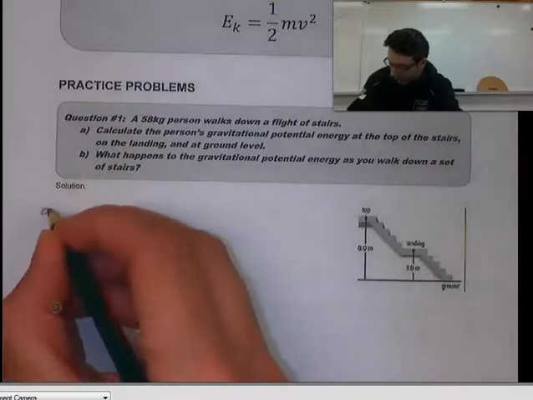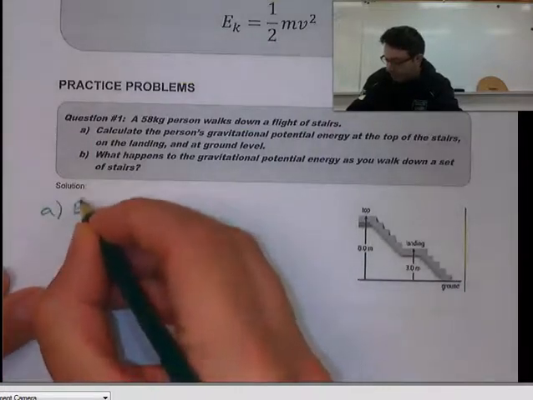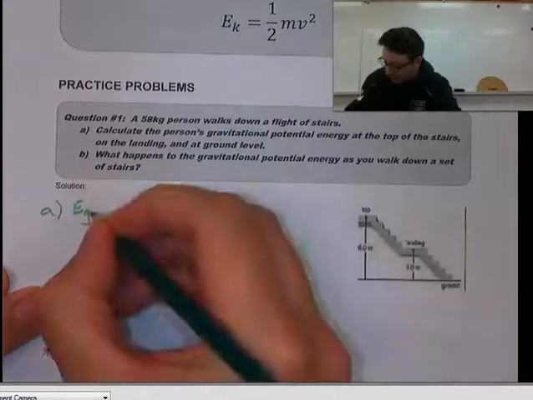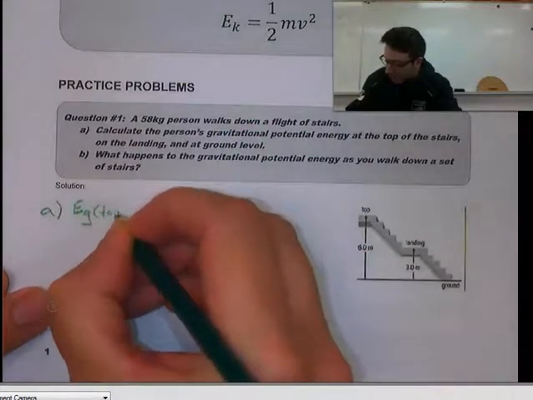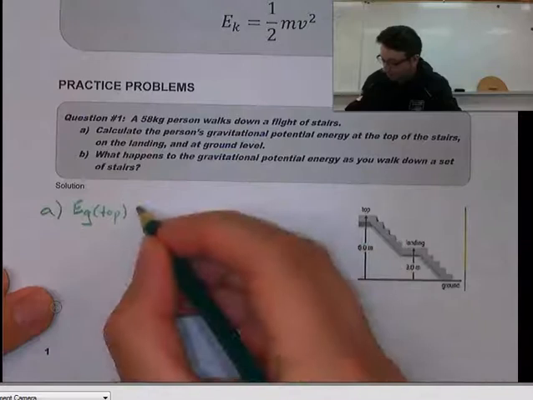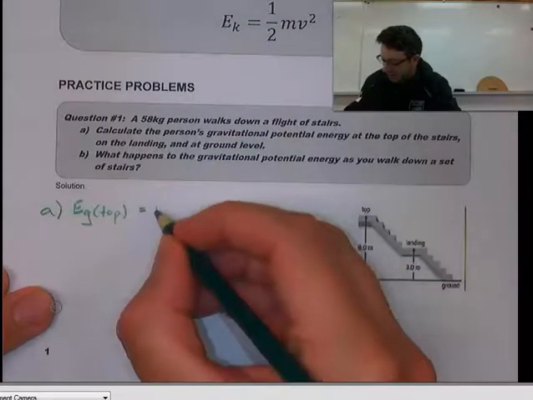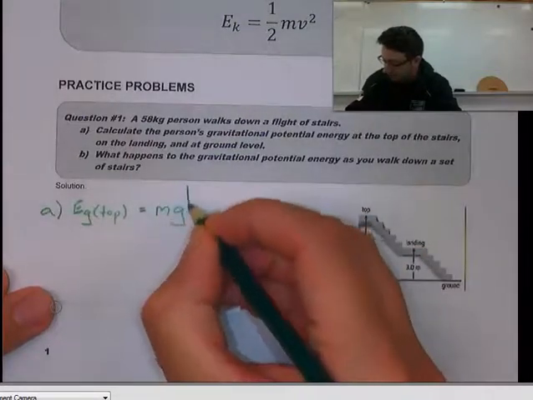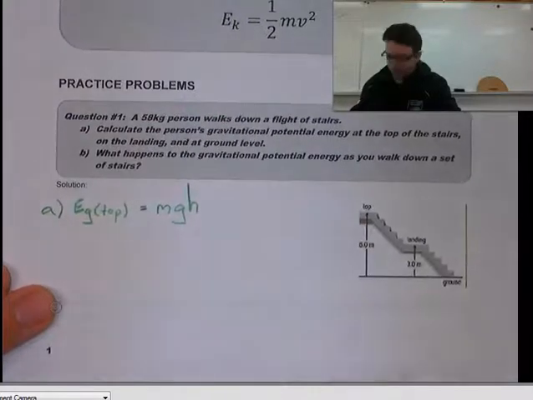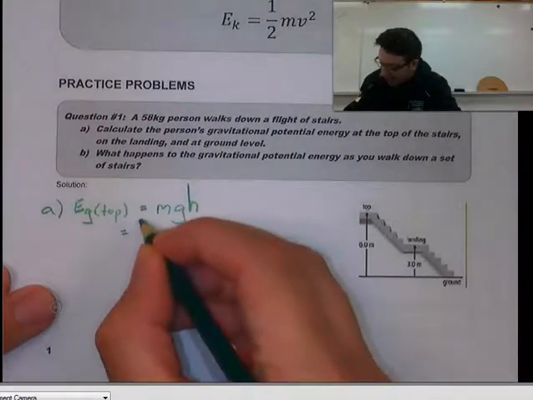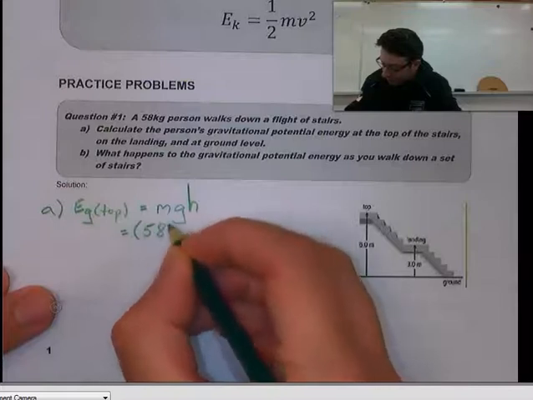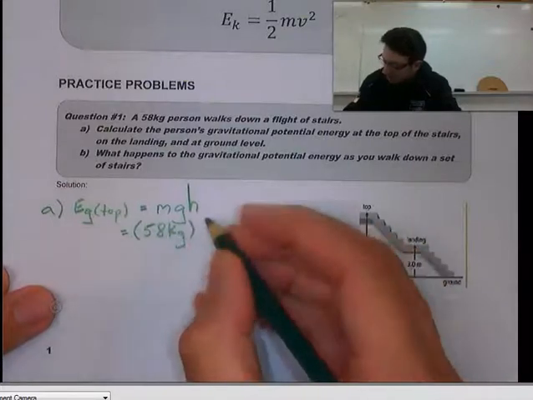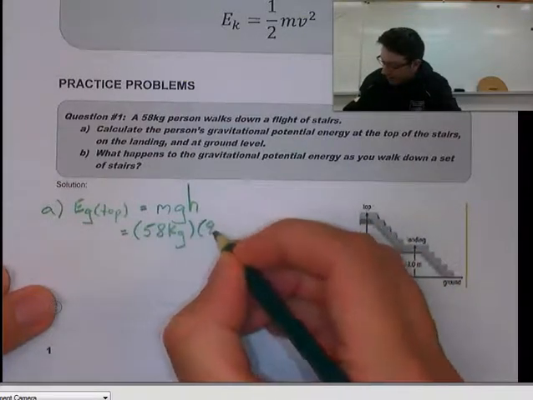So for part A, we have gravitational potential. Let's do the top first. We don't need to rearrange this equation. We're just going to substitute mgh. Now the mass of the person is 58 kilograms. Gravitational field strength is 9.8 newtons per kilogram.